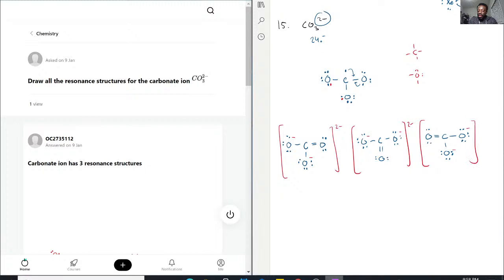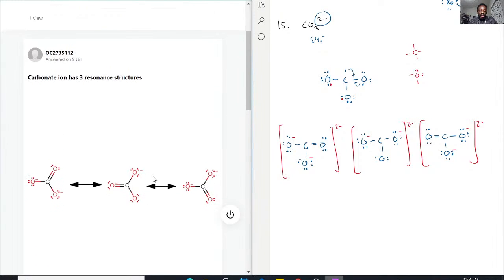So this is now the 3 resonance structures, at least I can think of, when they say they have 3, because each time the double bond is moving to a different location. Okay? So let's see what our colleague has to say in terms of the rest for this carbonate ion.